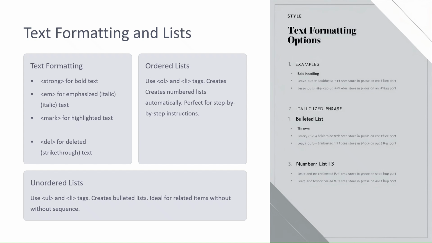But mainly you start from the ol or ul, and at the end the closing, and then each item will be put with li and li closing, right? So this is how to make a list. Unordered list ul, ol ordered 1 2 3, ul unordered, and li will be used within that, right?